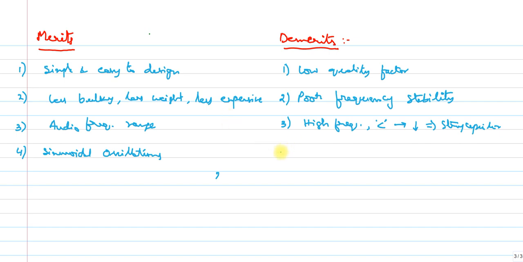Coming to the fourth point, we can go ahead with variable frequency operation also. For this, we have to change three capacitors simultaneously, such that beta, A beta, and hence amplitude of the oscillations are kept constant. Everything we need to keep constant, and we change capacitors only.